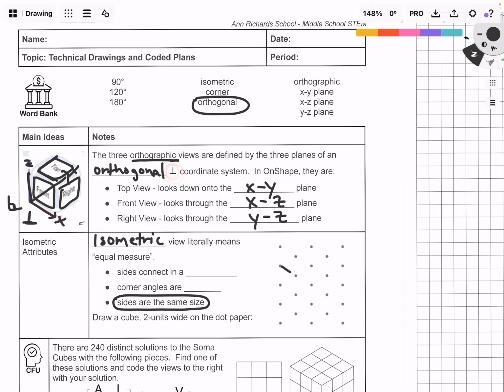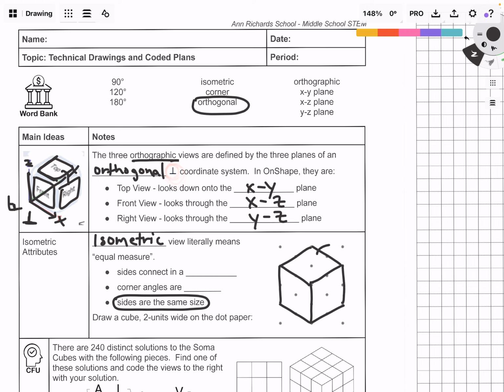So I'm going to draw my top plane as a rhombus or a parallelogram. And my front plane is going to be the exact same size as my top plane. And so is my right plane.